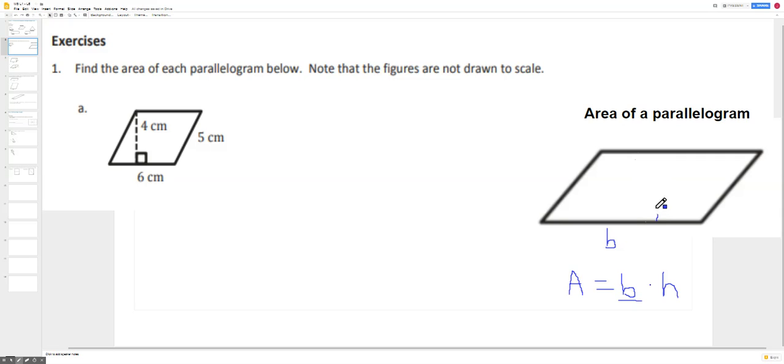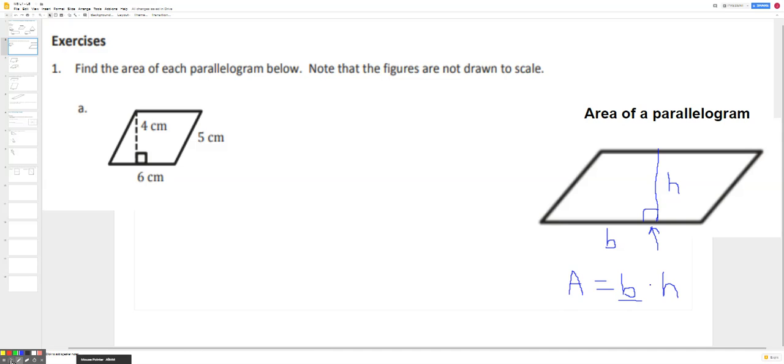So we want a straight line from here all the way up to the opposite side right here. This is our 90-degree angle, and this is known as the height. It's how high it is from one parallel side to the other. This has to be a 90-degree angle. This right here is always what we're looking for.